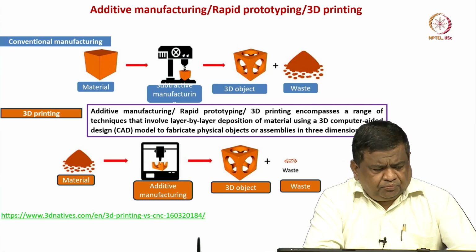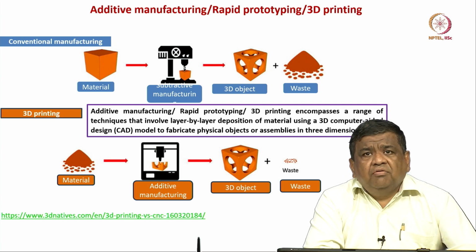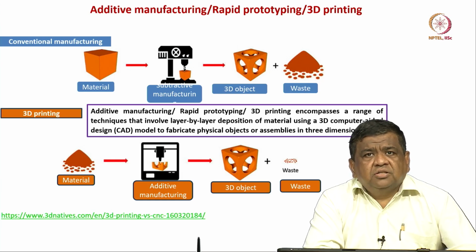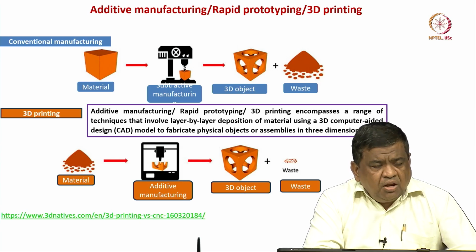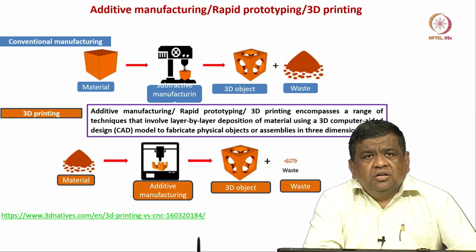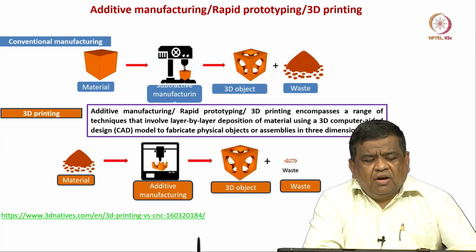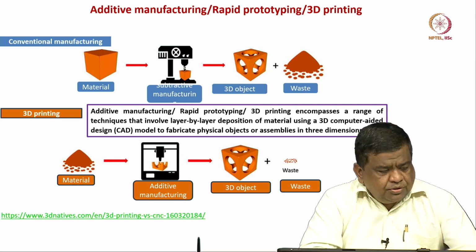So, this particular definition was discussed in earlier lectures, and sufficient explanations were provided to substantiate this definition. I am recalling this definition at this juncture so that you remember such an important definition of additive manufacturing during different phases of this course.